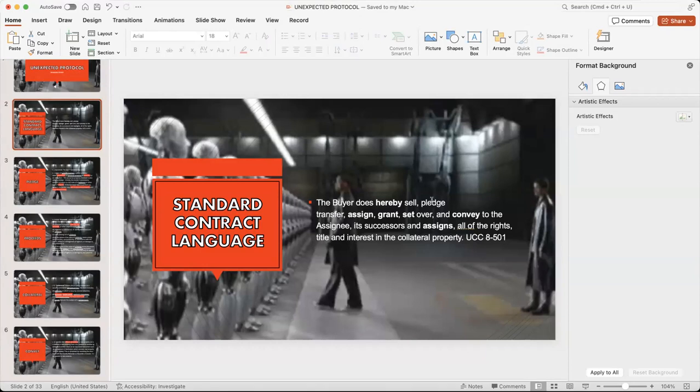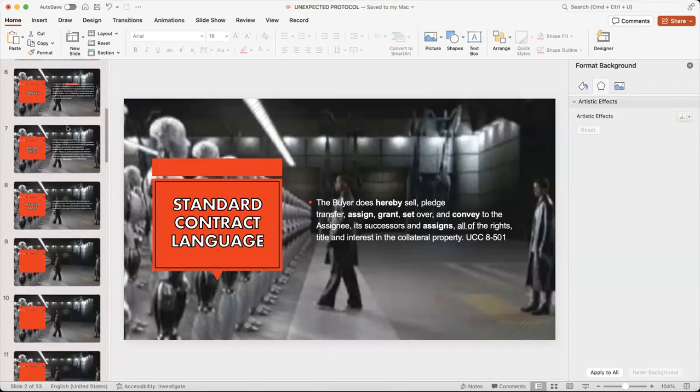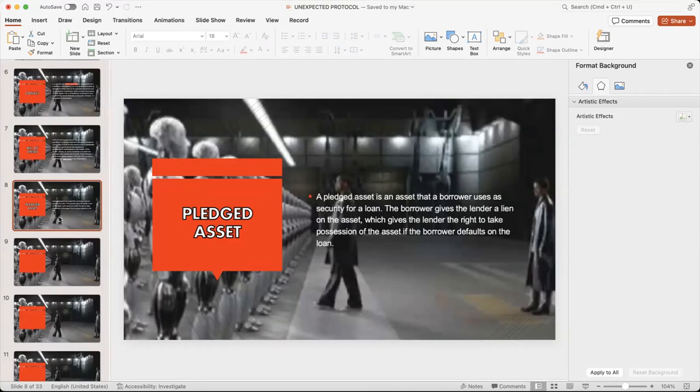So I do have the definition of pledge. I want you to see how powerful pledging is. Let me make sure I got it right here. All right, right here. So a pledged asset, which is a financial asset, actually. So a pledged asset is an asset that a borrower, so that would be considered you on the application, we're considered the borrower, uses as security for a loan. So hopefully many of us know what security is.